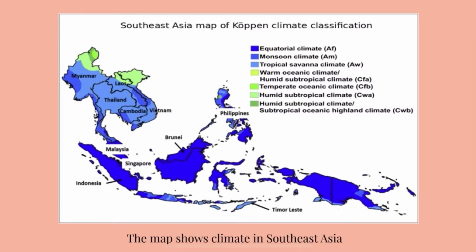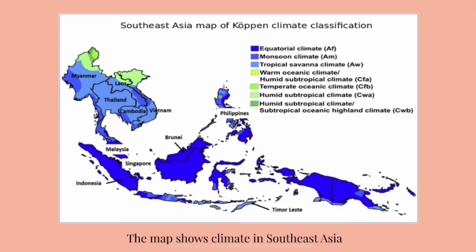The region is bordered by East Asia, South Asia, the Pacific Ocean, the Bay of Bengal, the Indian Ocean and Oceania. It is the only region of the continent of Asia that is located both in the southern hemisphere and within the northern hemisphere.